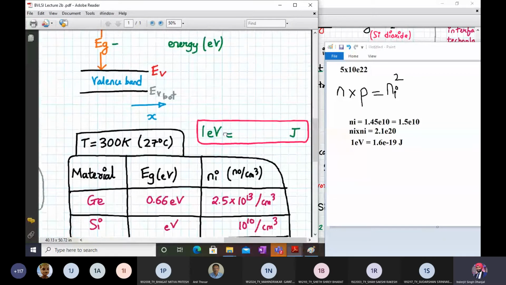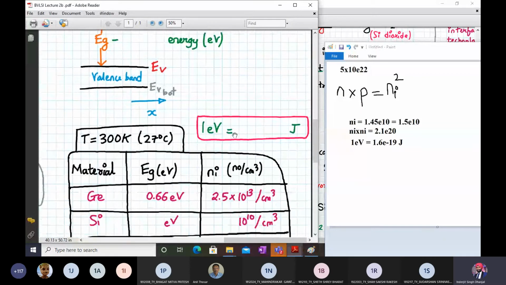It's not voltage, it's energy. This is again a very important constant, or a conversion we can say.